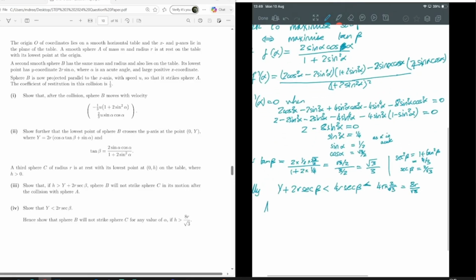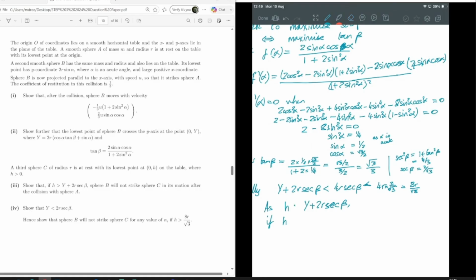And as h is less than this, if h is less than, or sorry, is now bigger. Was h bigger? H was bigger.